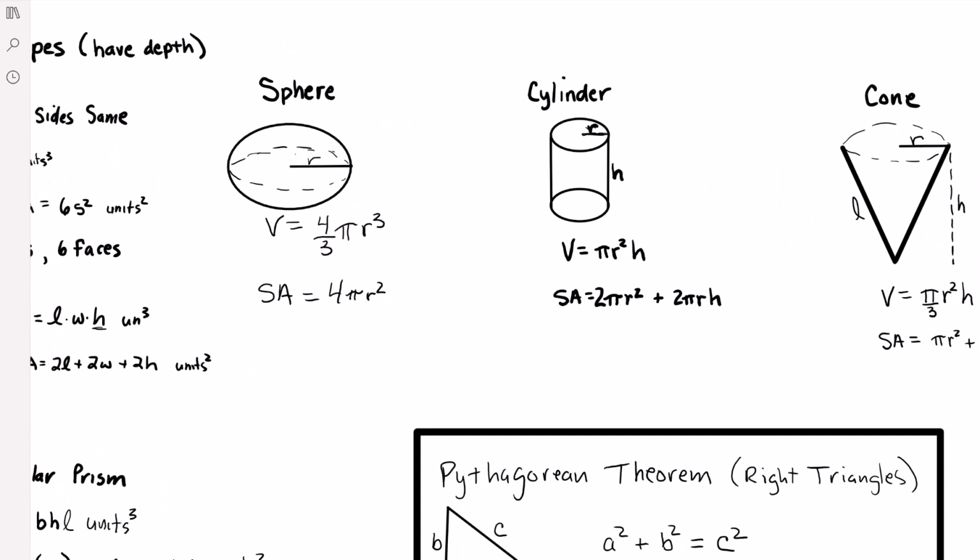For a sphere, though, that's where you've taken this flat square and now you've inflated it. And so it's like a basketball or volleyball or golf ball or whatever. This is the volume formula for a sphere. So you definitely need a radius on this. Okay, and here's the surface area formula.